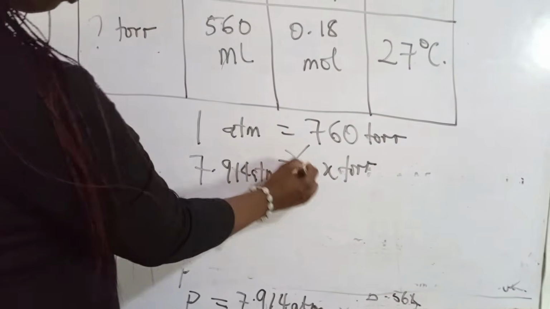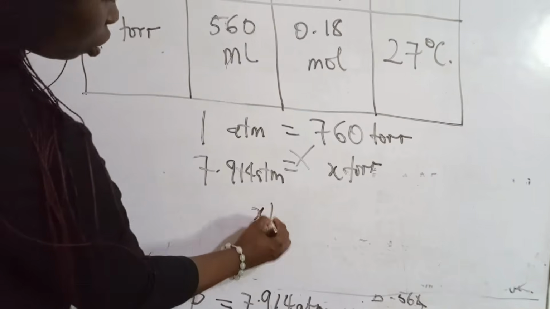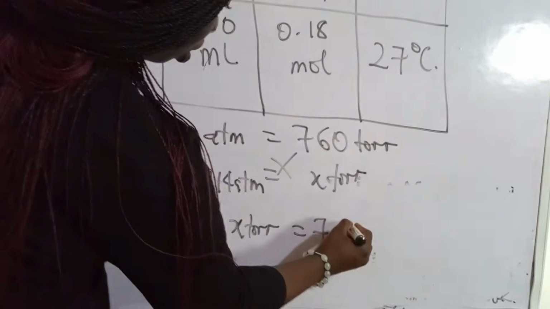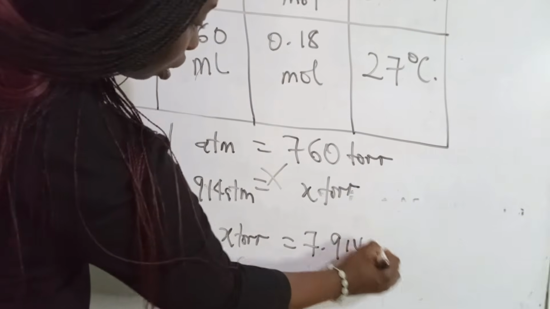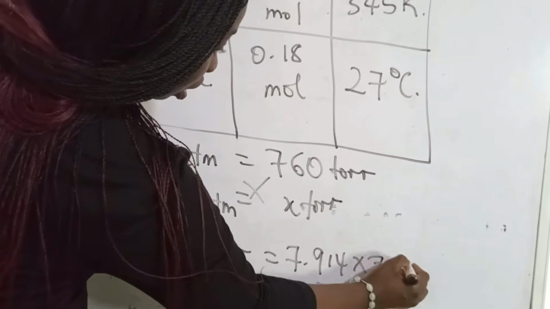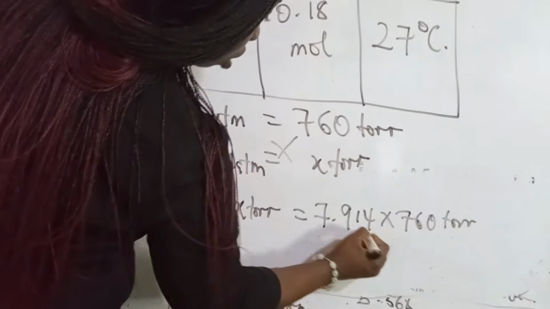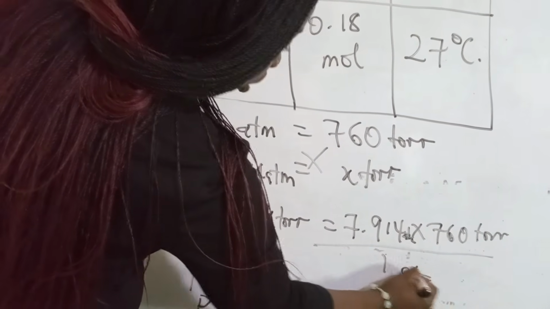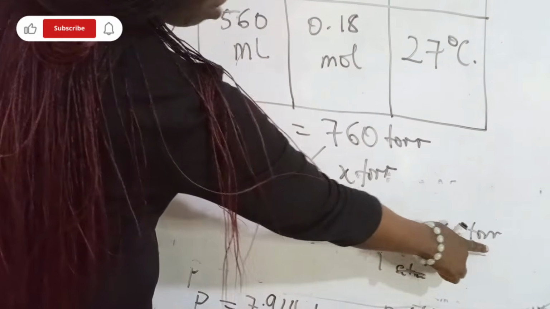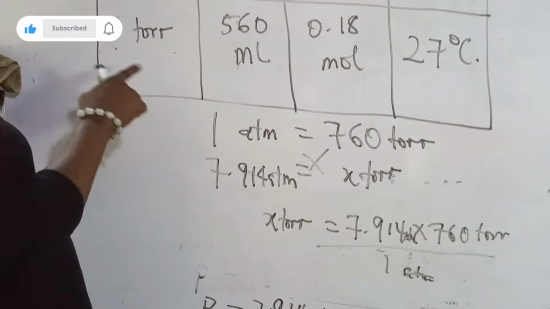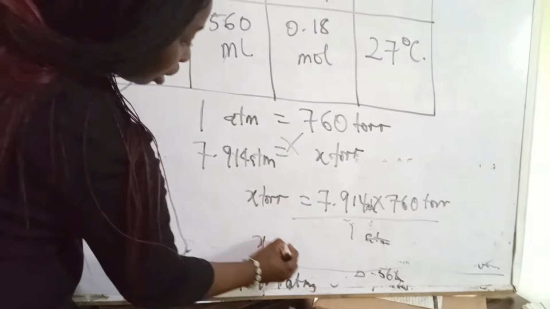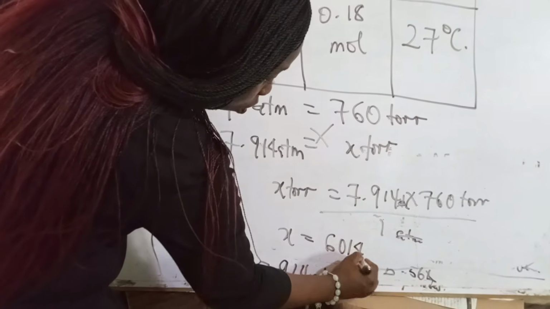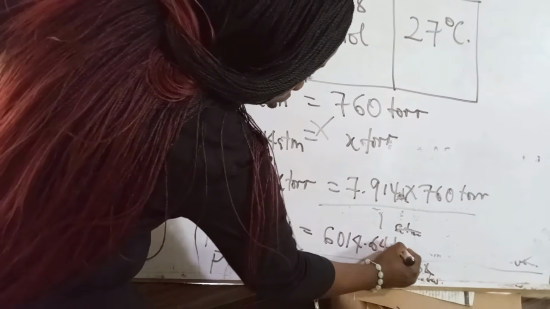So when you cross multiply, you have your X torr equal to 7.914 times 760. Look at it: this is atm over 1 atm. So you see atm will cancel atm and you are left in torr, meaning you are converting it to torr. So X is equal to 6014.64 torr.